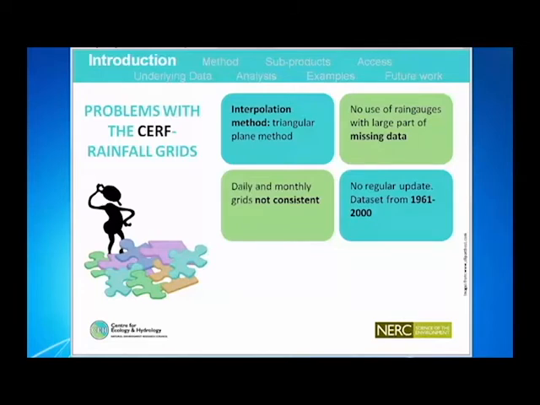It's been updated after that, but not on a regular basis. It was just when there was lots of demand for it. And the last thing is that at CEH, we've recently updated the data set of rain gauges held at CEH. It's now in line with the Met Office database, which was not the case when SURF rainfall grids were developed.